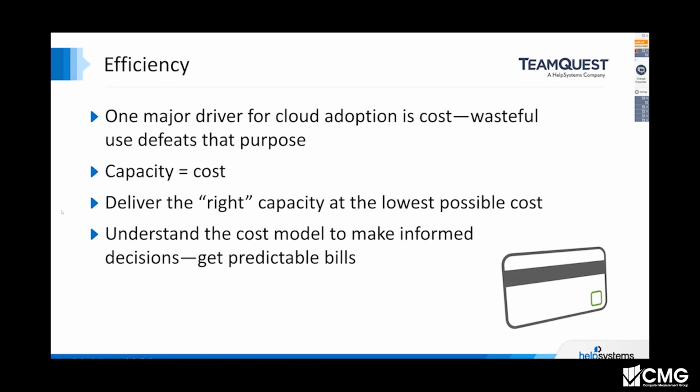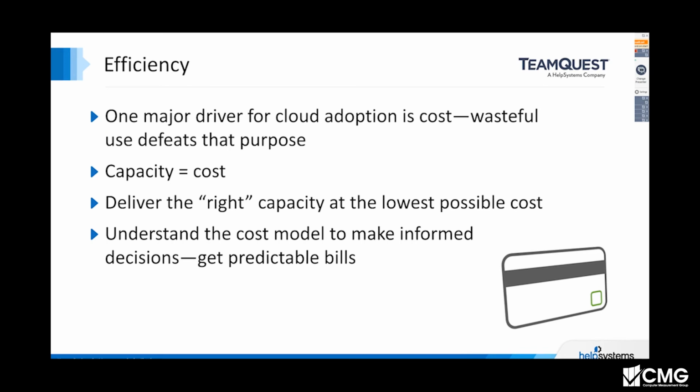And then the last very important aspect is the efficiency. As we said before, probably the biggest driver behind cloud adoption is cost, because it comes with a relatively attractive ROI in an ideal case. But if you're not deliberate about optimizing, you're not going to realize that ROI. So in the public cloud, capacity equals cost. The more capacity you use, the more it's going to cost you. And capacity management becomes a practice of delivering the right capacity at the lowest possible cost.